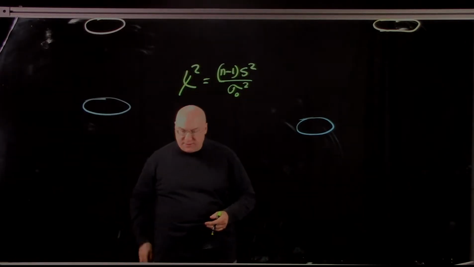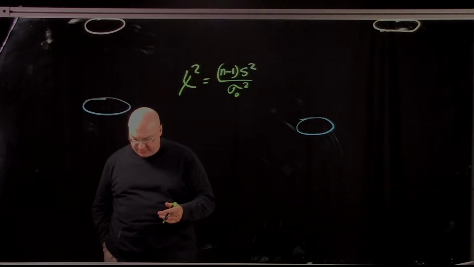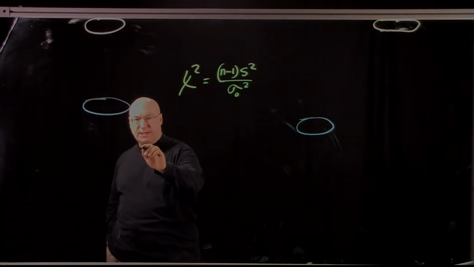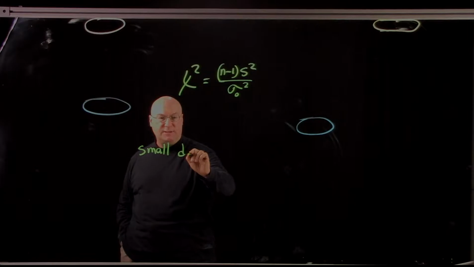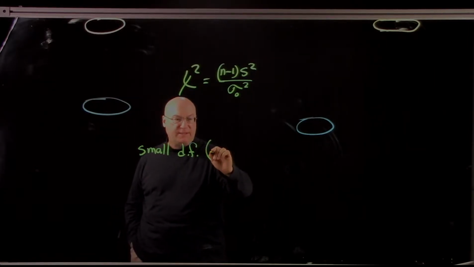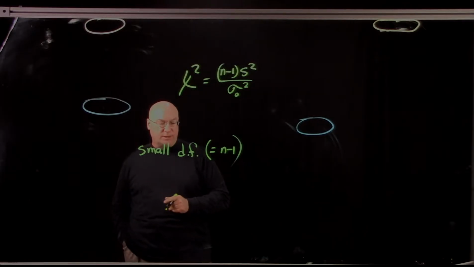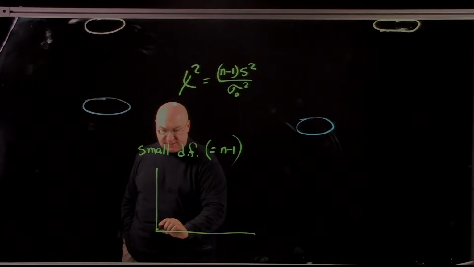So what does the probability curve for a chi-square random variable look like? Looks like this. If you have, let's say, small degrees of freedom, which again, that's the sample size minus 1, we have a curve that looks something like this.